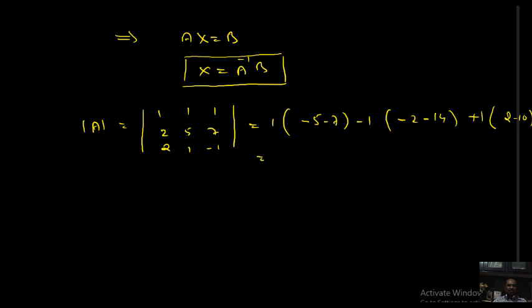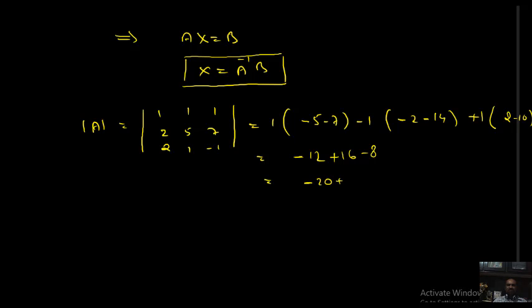Okay, now I want to cross check. Minus 5 minus 7, okay, minus 12. 2 into minus 2 minus 14, that is plus 16. Okay, so 2 minus 10 is minus 8. So what am I getting?